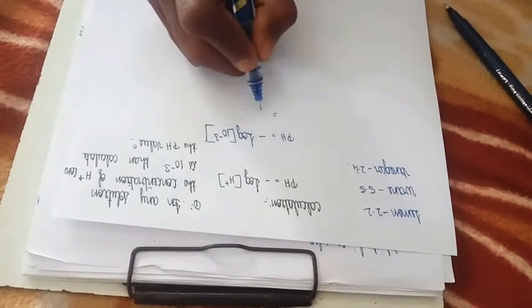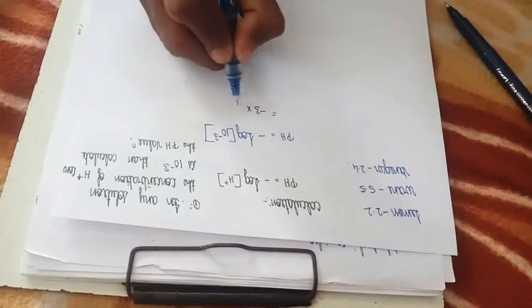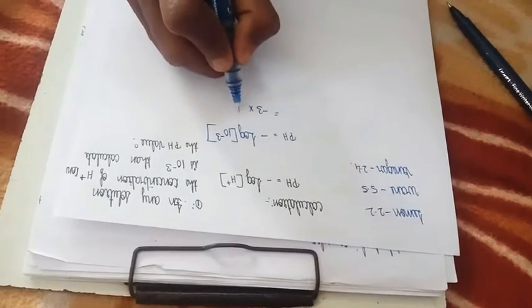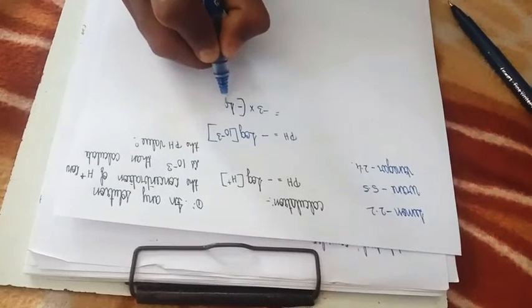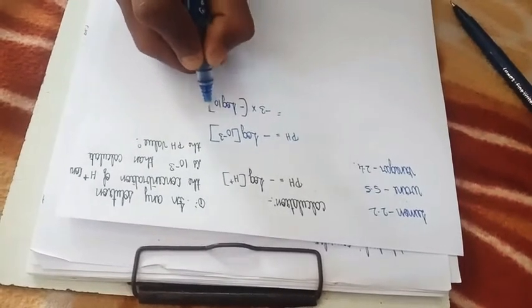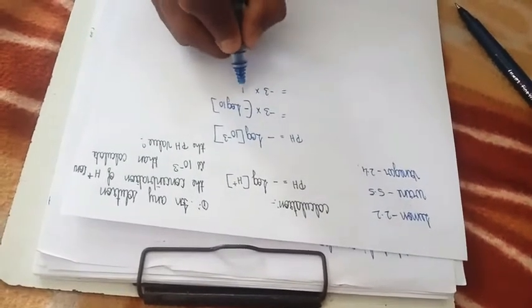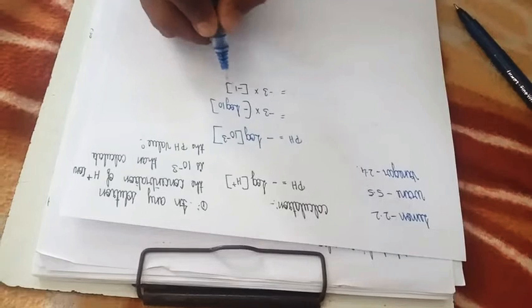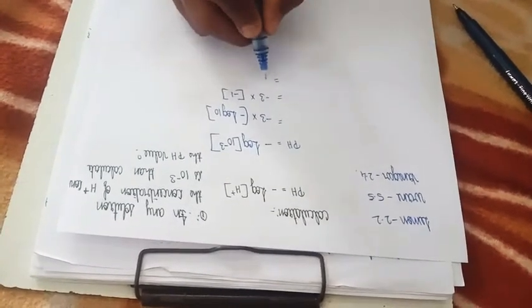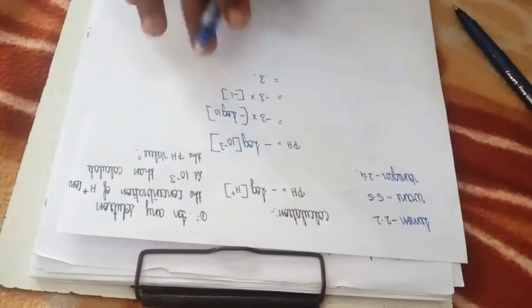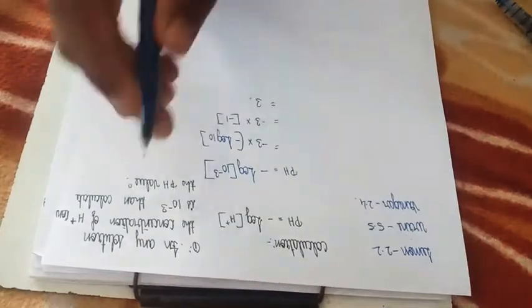According to log, the 3 comes outside: minus 3 into minus log 10, and log 10 value is 1, so minus 3 into minus 1 is plus 3. pH is 3. I have one more shortcut.